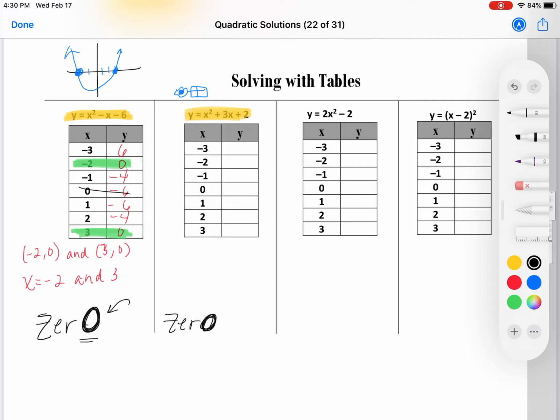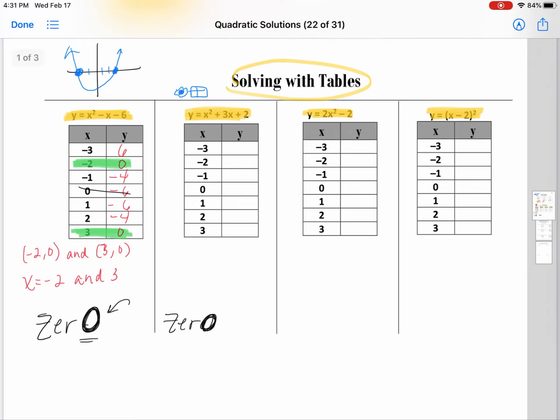That's the solution. That's the x equals. Sometimes it only touches it one time, which is fine. Sometimes it touches it 2 times. Okay? When you're ready, you're going to go to the third one and then the fourth one as well. Not too bad. So that's how we figure out the solutions from a table.